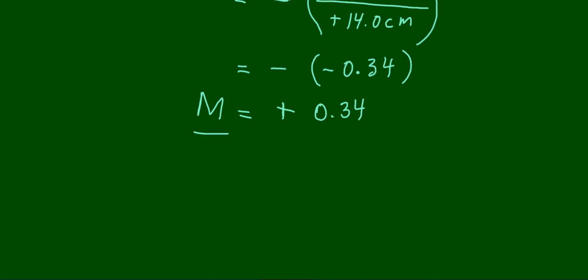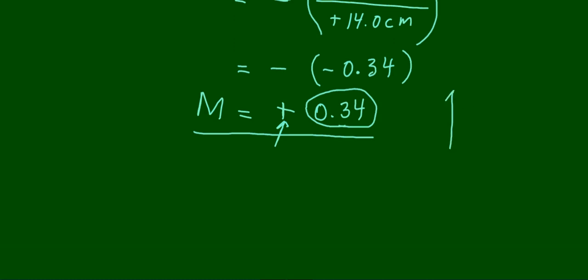What does this mean? What is an interpretation of this result? Well, perhaps you can take a few seconds to think about why this is a decimal and what this positive sign might mean, especially if you've already seen the second video dealing with a converging lens. Well, hopefully you've successfully come up with the fact that because this is a decimal, the image is going to be smaller than the object.